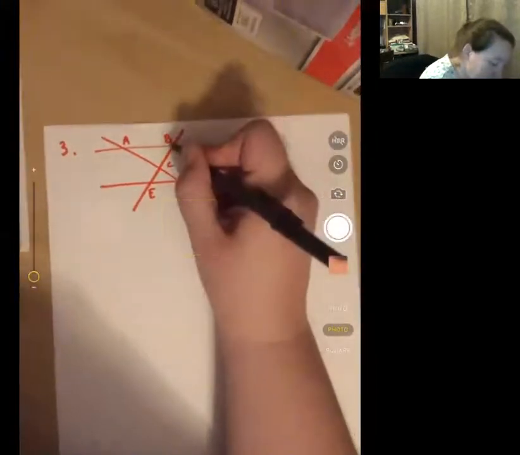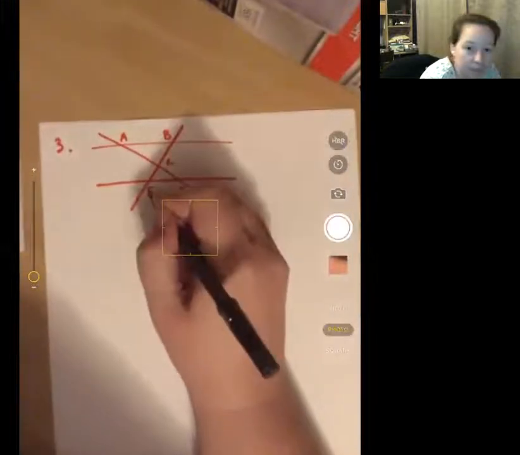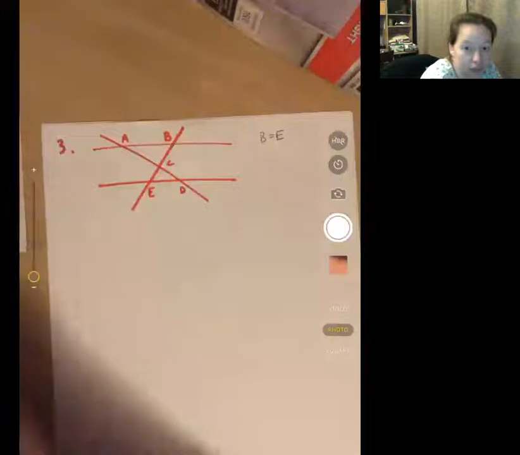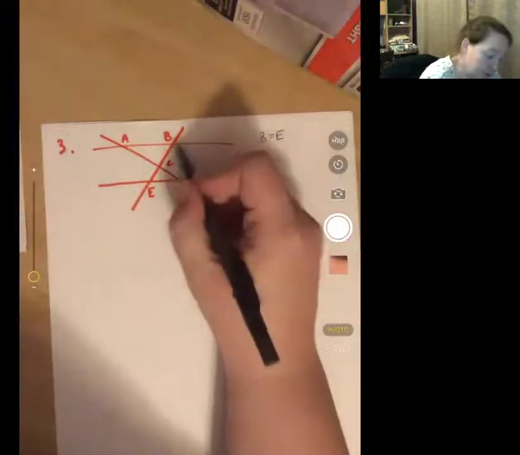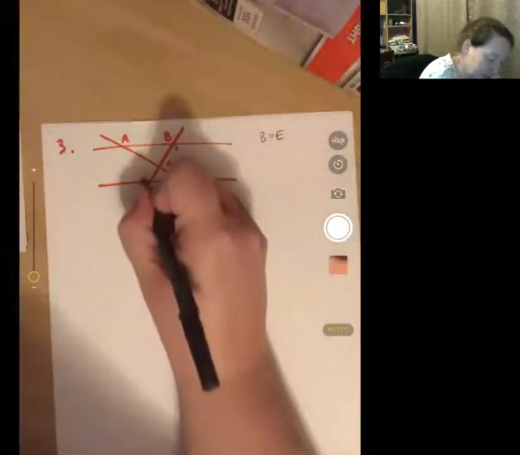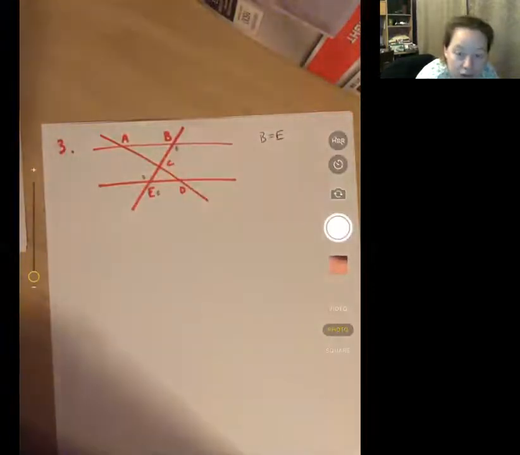I know that B is equal to E, that B and E are equal to each other. I know that because this is B, this is B, this is B, this is B. Remember how we could do that before? So I know that B is equal to E.